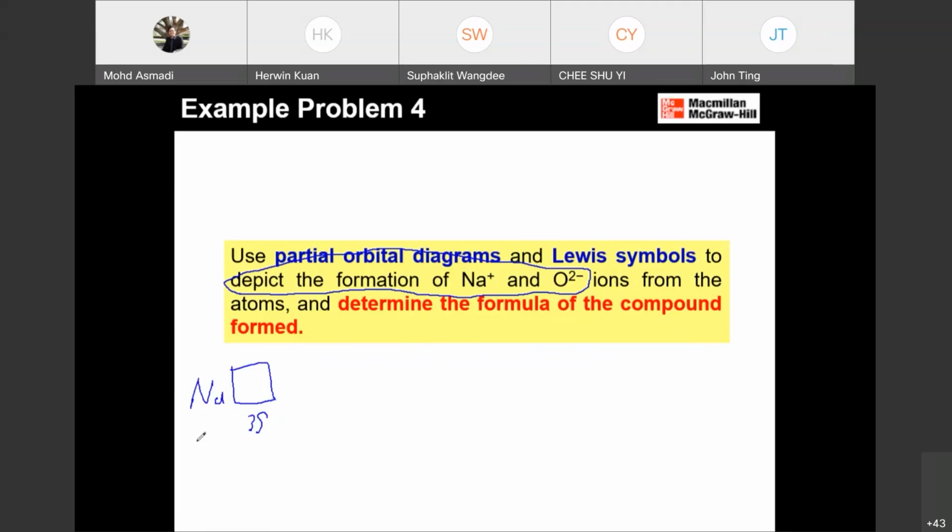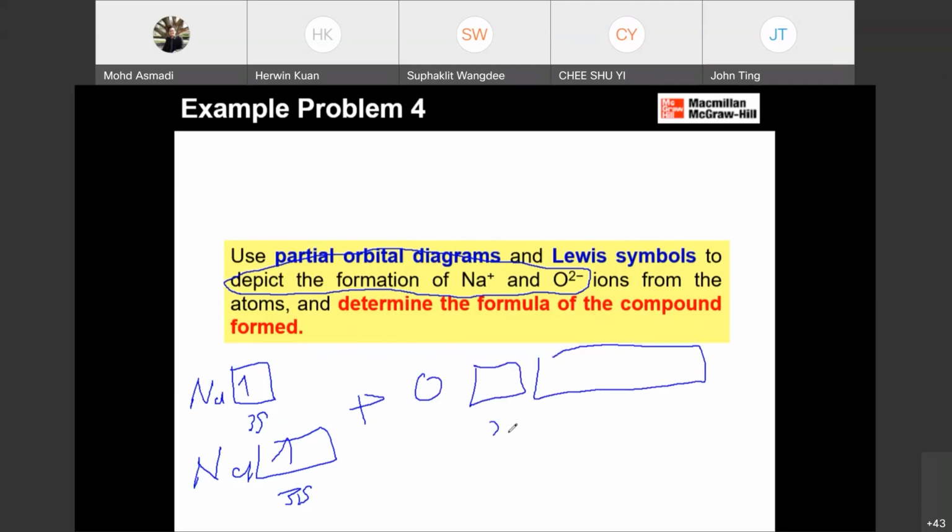Okay, Na. I just start with the 3s. Okay, plus with O. This one is just start with the 2s and 2p.